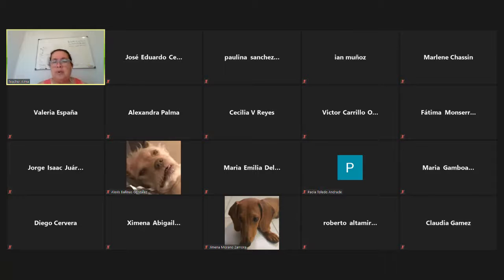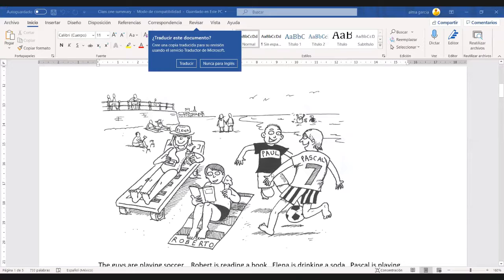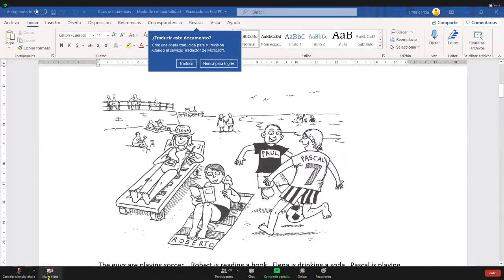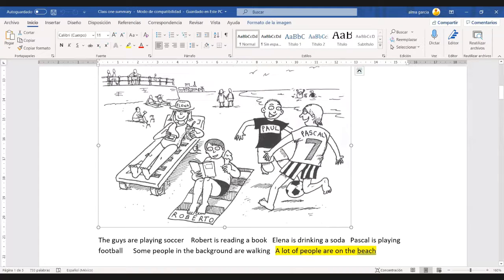Last Monday I showed you a picture, and in this picture you were describing what the people are doing here. Yes or no? Yes, teacher. Okay, and then you gave me different examples. The guys are playing soccer, Robert is reading a book, etc. And then you concluded that this is the present continuous, things which are happening at the time of speaking.